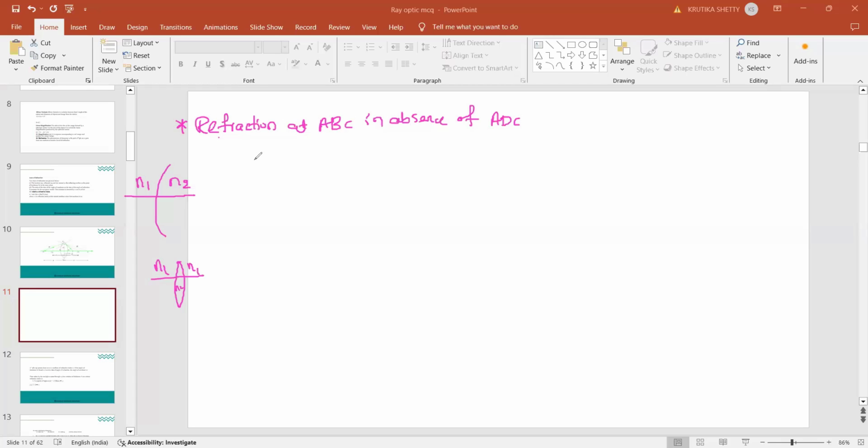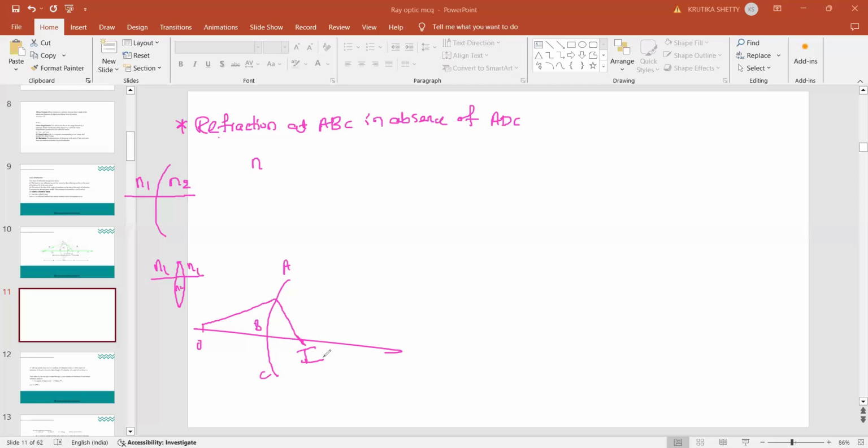The image was formed, students. So in absence of the second surface, this is A, B, C, and here we have the object O. This is the object, the incident ray, and this is the refracted ray, and the image is forming at I. You can see it in your figure.